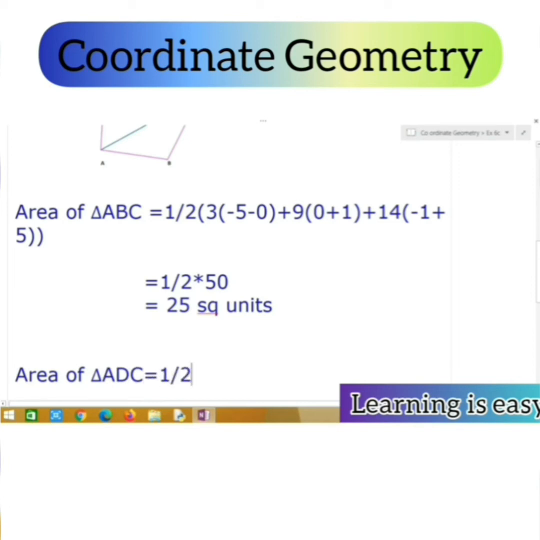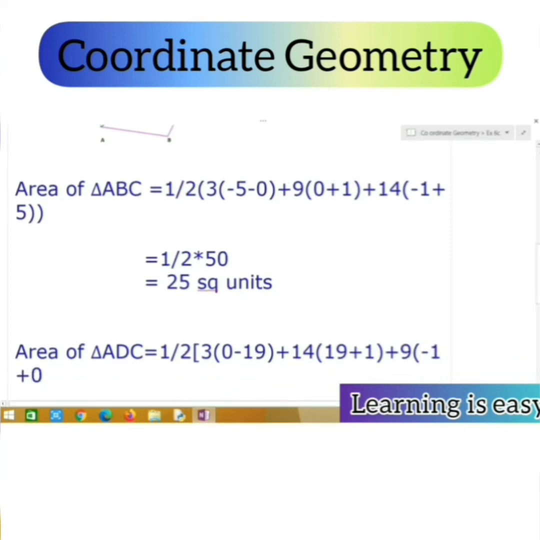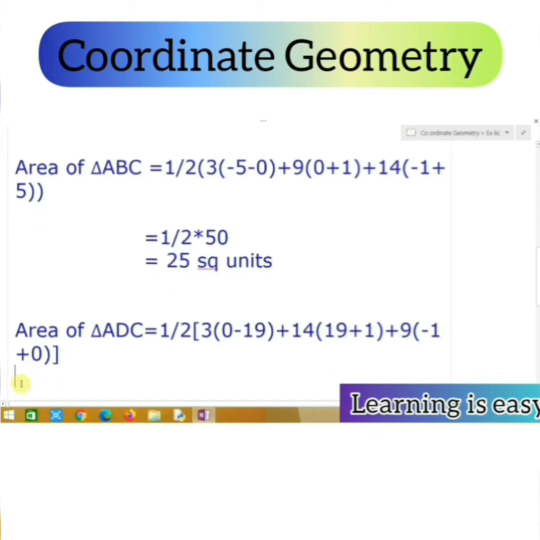By taking the respective coordinates, that's going to be half into 3 into 0 minus 19, plus 14 into 19 plus 1, plus 9 into minus 1 plus 0.